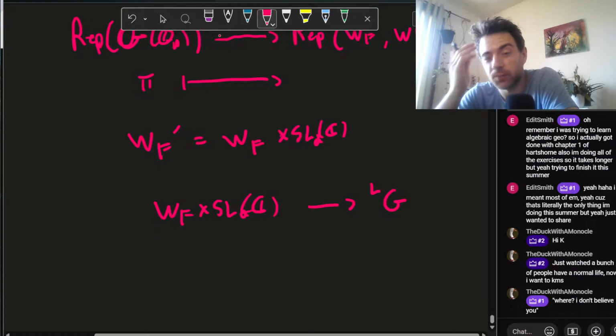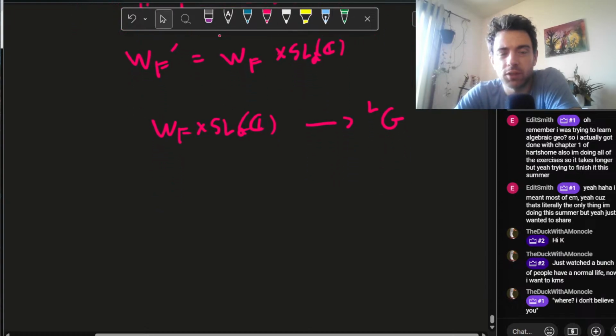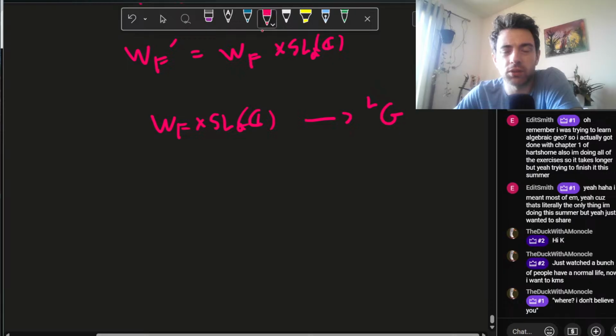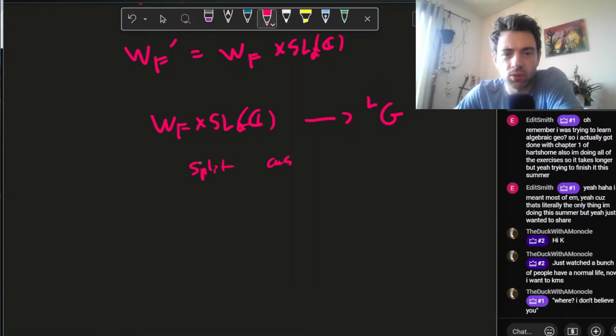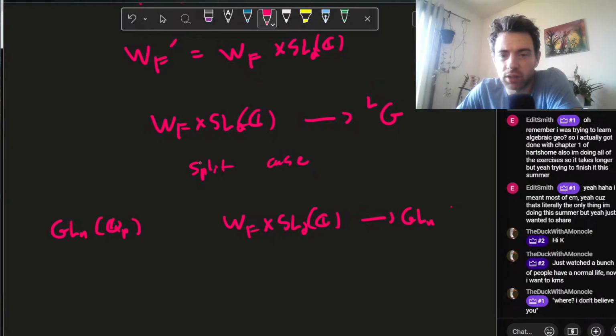But in many cases, for simplicity, we'll deal with the split case. So what I mean by this is let's say we were thinking about GL_n(Q_p), then I mean that we're going to look at homomorphisms from here into GL_n(C).